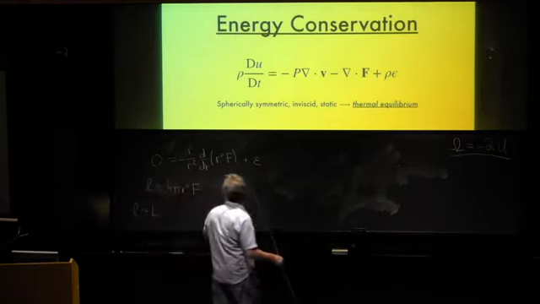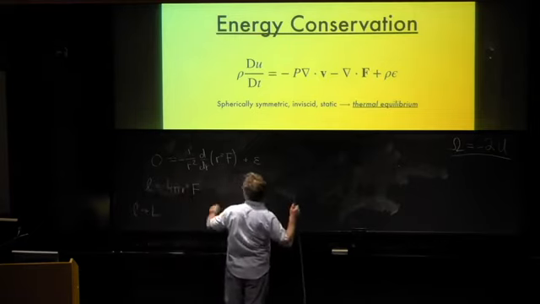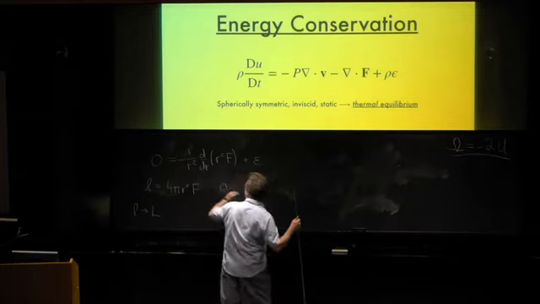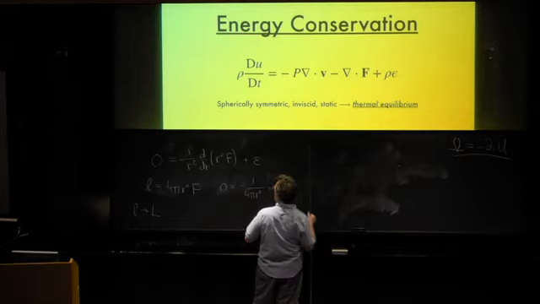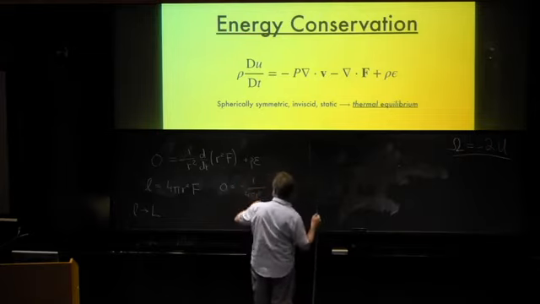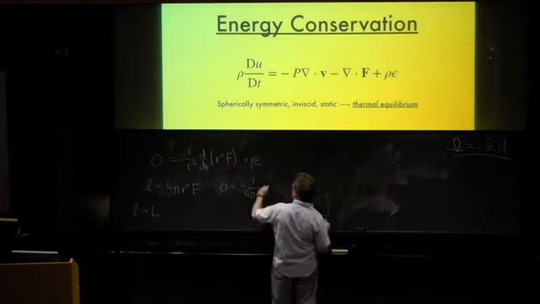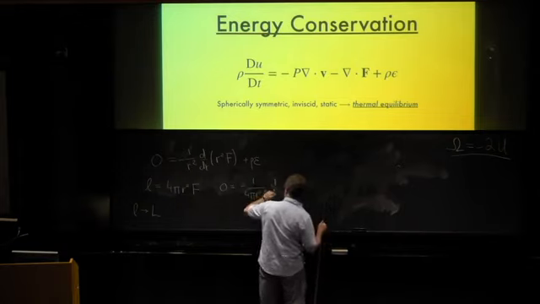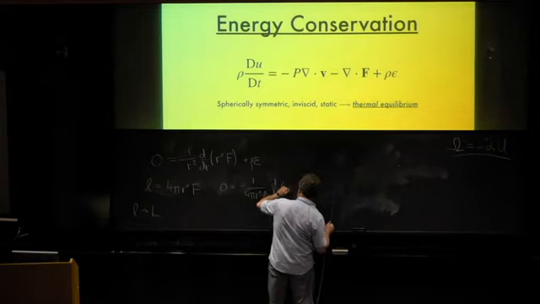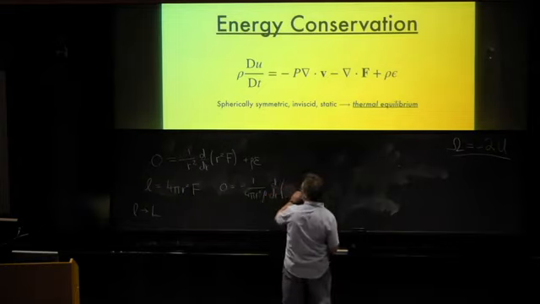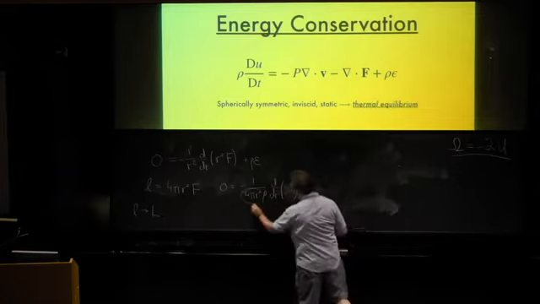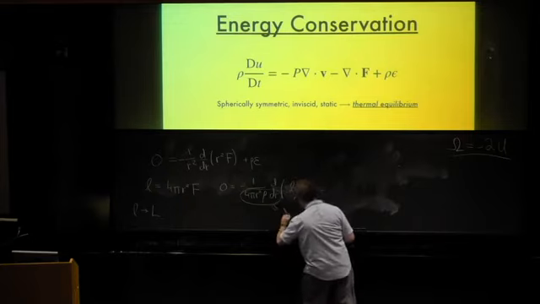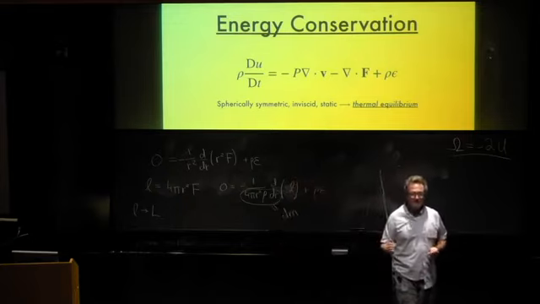So with this definition of L, I can rewrite this expression here, and I should have had a rho there: 1 over 4 pi r squared rho times d by dr of 4 pi r squared f, and that's just going to be L. And I'm going to recognize that this term here is the same as dm.